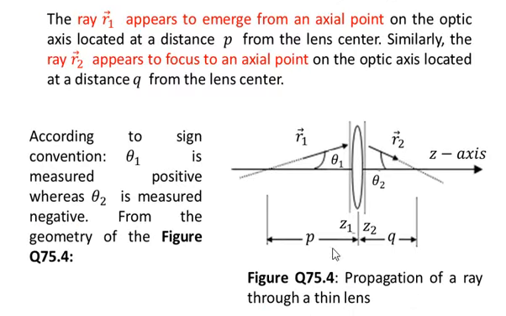So you can regard that the ray R1 is coming from the point on the optical axis located at a distance p from the center of the lens, and R2 will intercept the optical axis or the z-axis at a location which is at a distance q from the lens center. So p and q may be regarded as the object distance and the image distance from the center of the lens.